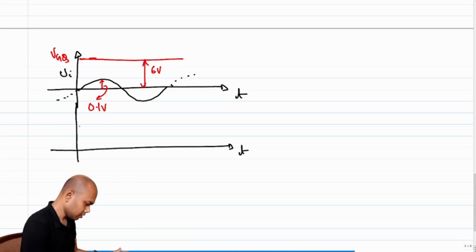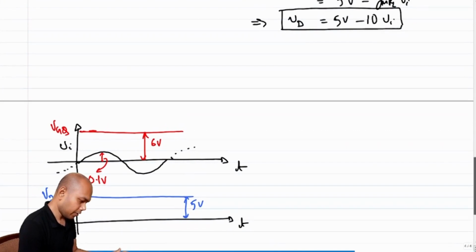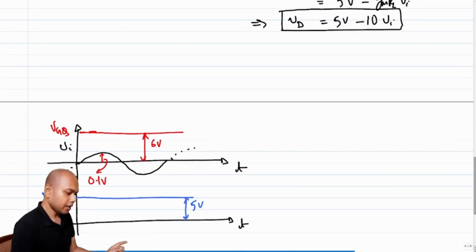Let's say this is VDQ, which is 5 volt, and this is the quiescent. What is the incremental? The incremental is minus 10 times Vi.